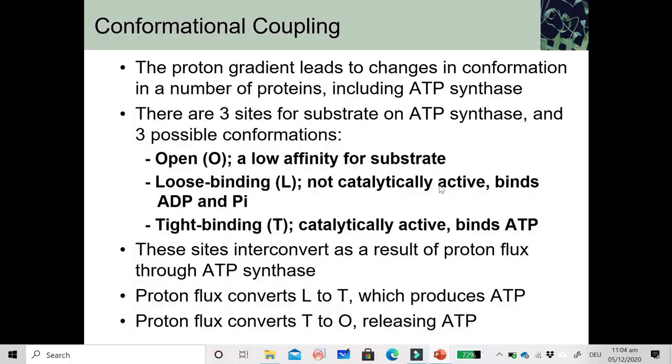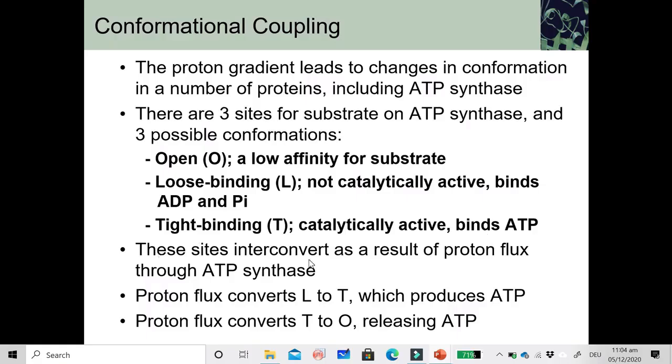Okay. The proton gradient leads to changes in conformation in a number of proteins, including ATP synthase. There are 3 sites for substrate in ATP synthase, and 3 possible conformations. You have an open conformation, O, which has a low affinity for substrate; a loose binding conformation, L, which is not catalytically active but does bind ATP and inorganic phosphate; and the tight binding conformation, T, which is catalytically active and binds ATP.